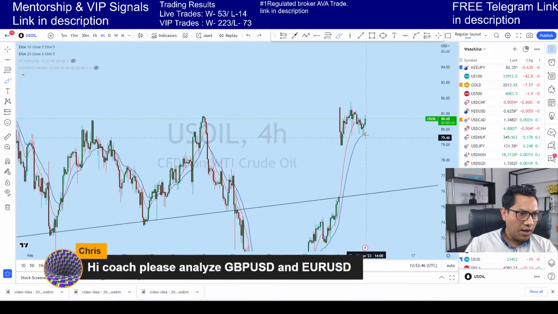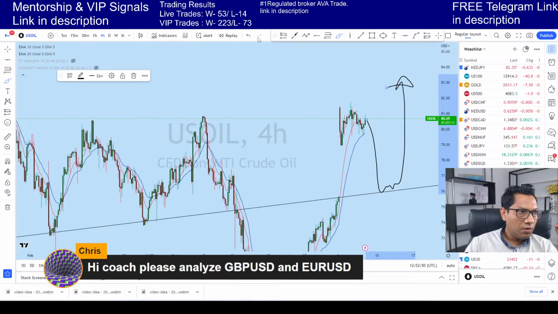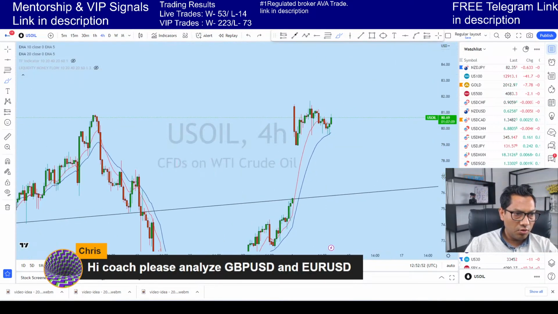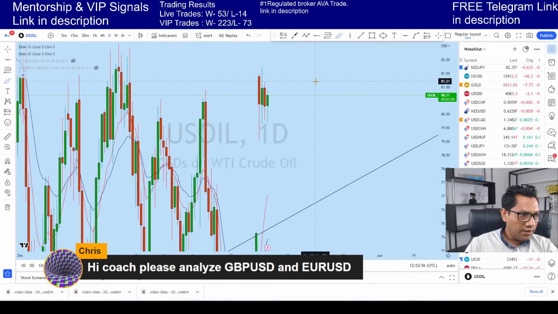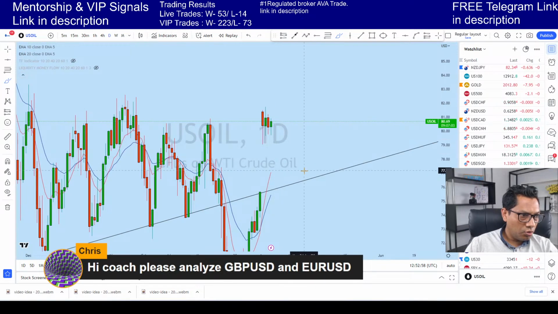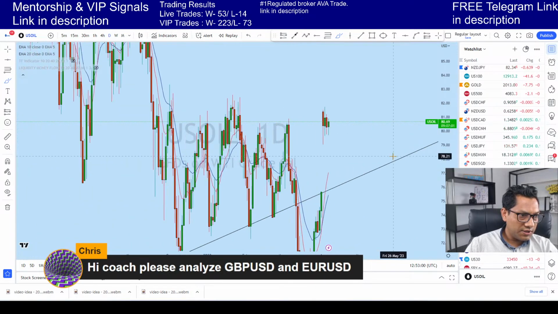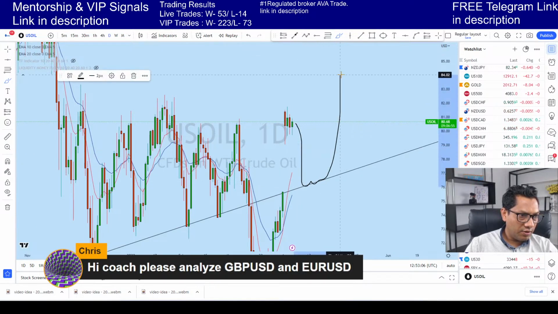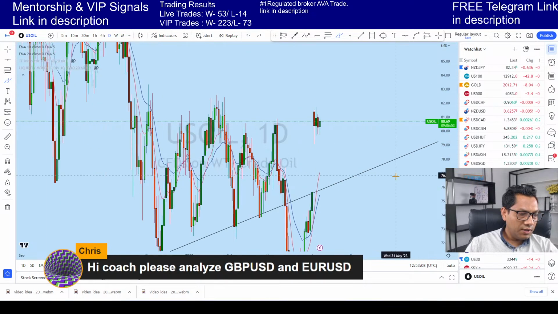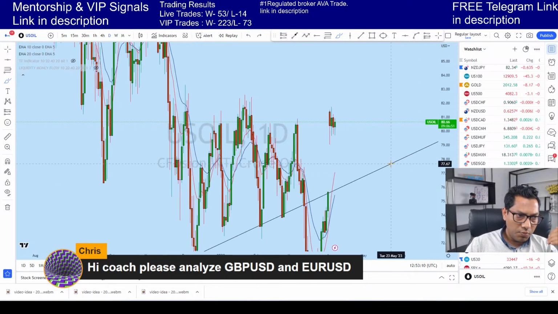Until it comes back down and fills that gap, I'll not be interested in US oil. At any point you can see it's moving completely sideways. We could see a drop on US oil to this level, and then you could see a bullish move. But this is now a bullish market.